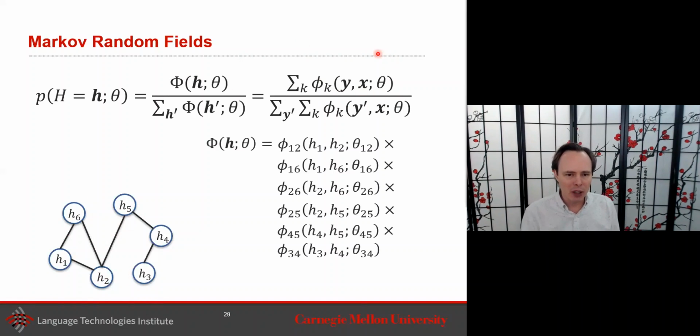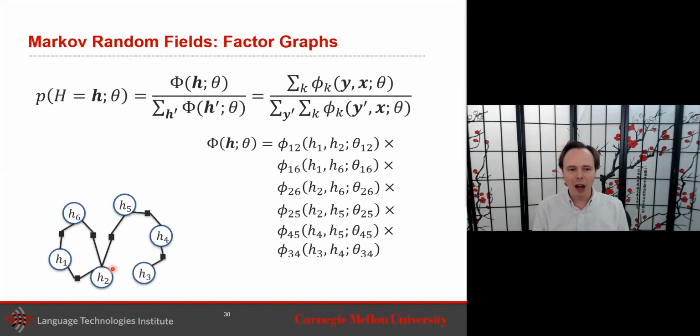So the potential in this case will be like, I have a potential between 1 and 2, and it has its own weight, its own parameters. I will define a potential function between 1 and 6, and each of these pairs.